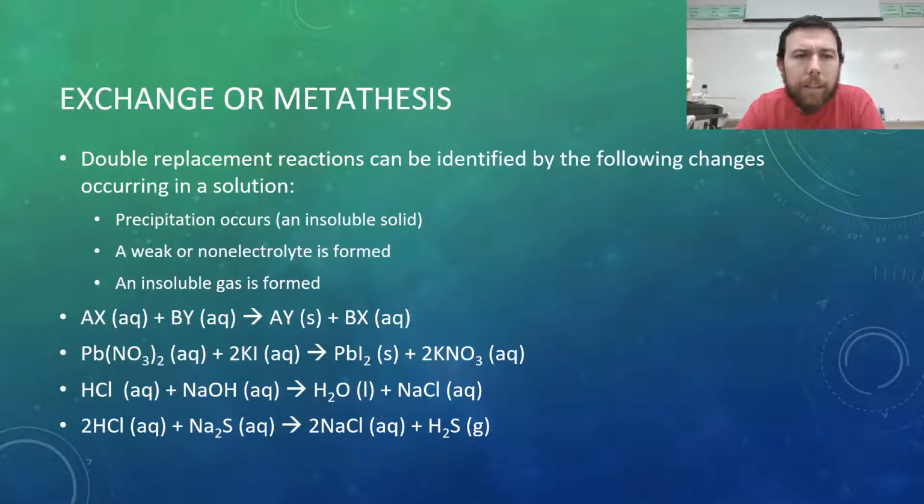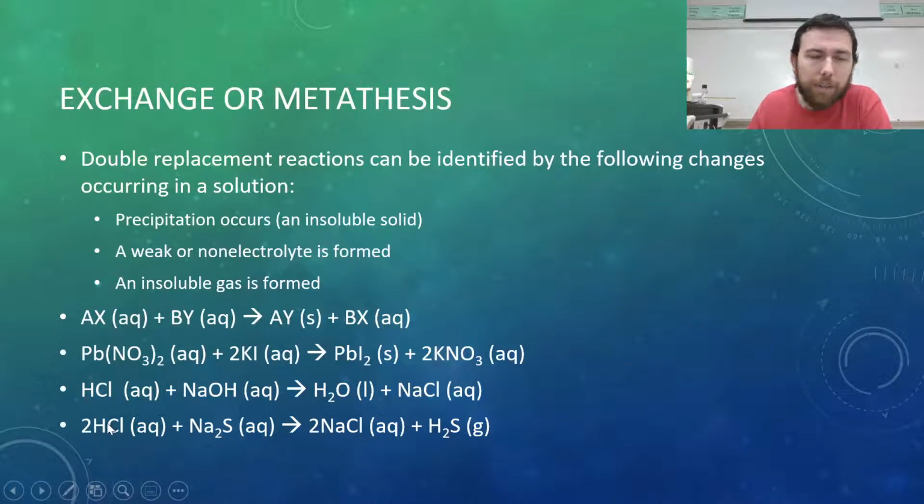And then the last reaction that I've presented to you here is hydrochloric acid reacting with sodium sulfide, aqueous solutions, and then we get a solution of sodium chloride, but then we also get an insoluble gas. Hydrogen sulfide, H2S, is not very soluble in water, and so it's going to precipitate out, if you will, as a gas.